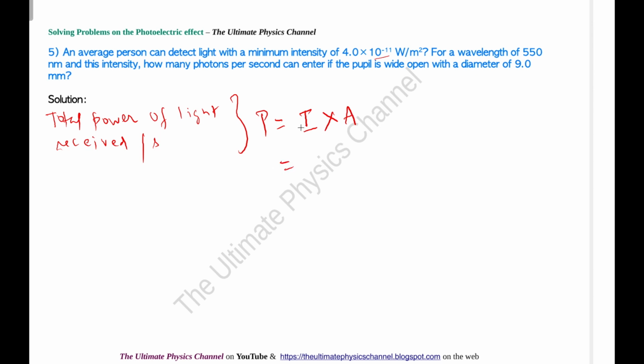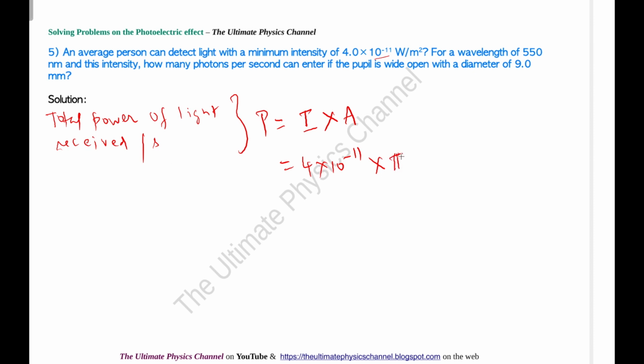The intensity is given as 4 into 10 power minus 11 watts per meter squared times the area, that is of the pupil, which has a 9 millimeter diameter here, given, right, 9 mm.